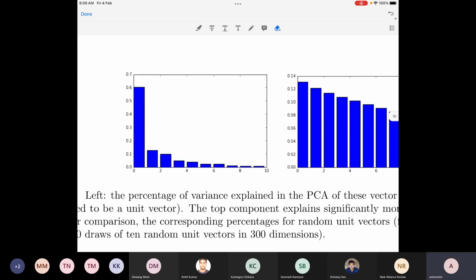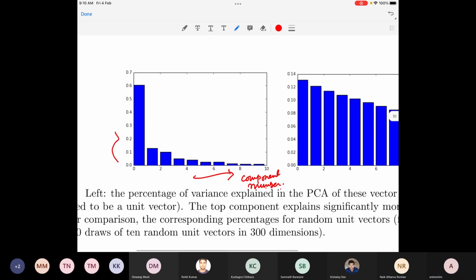Here, this direction tells you the component number, and this direction tells you the percentage of variance explained.